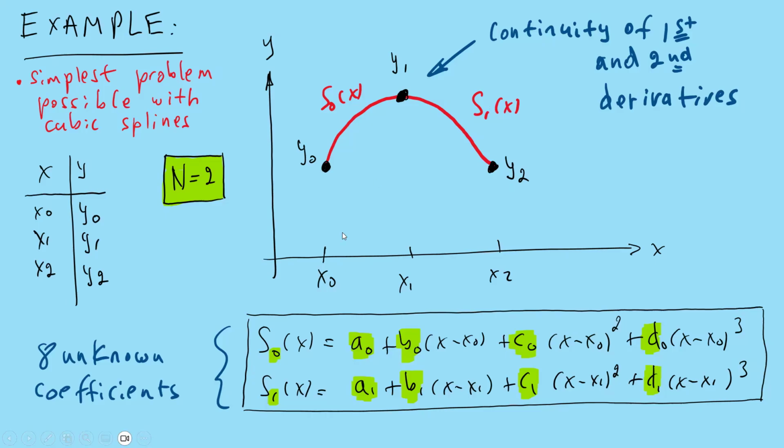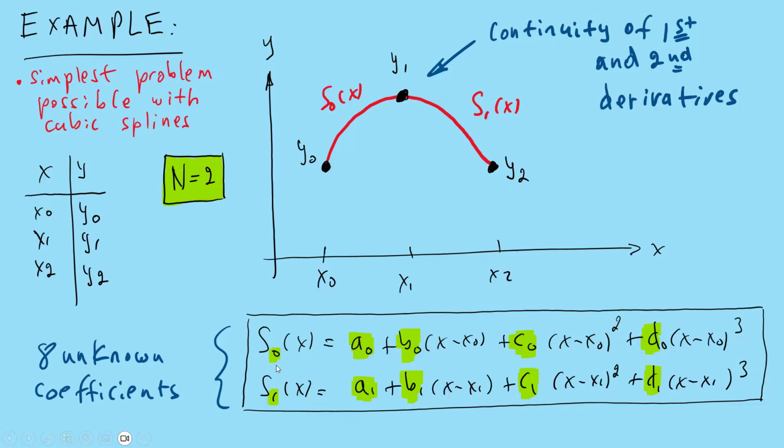S0 is on the interval x0 to x1, and S1 is on the interval x1 to x2. And these are the functions: this is the function S0, and this is S1.